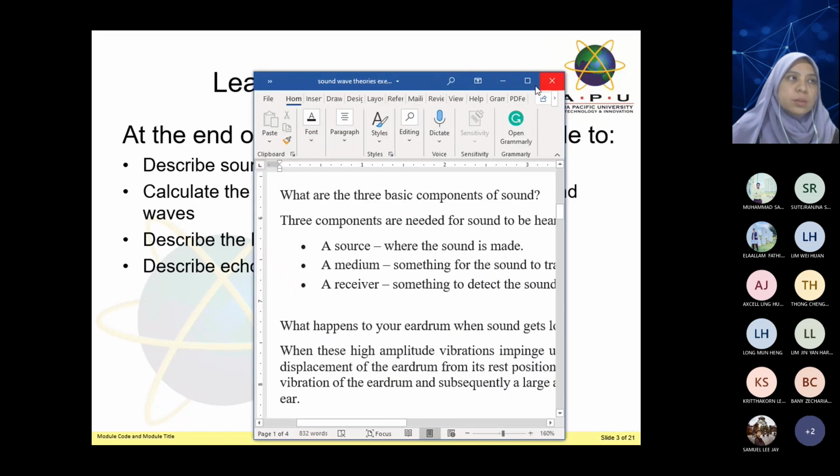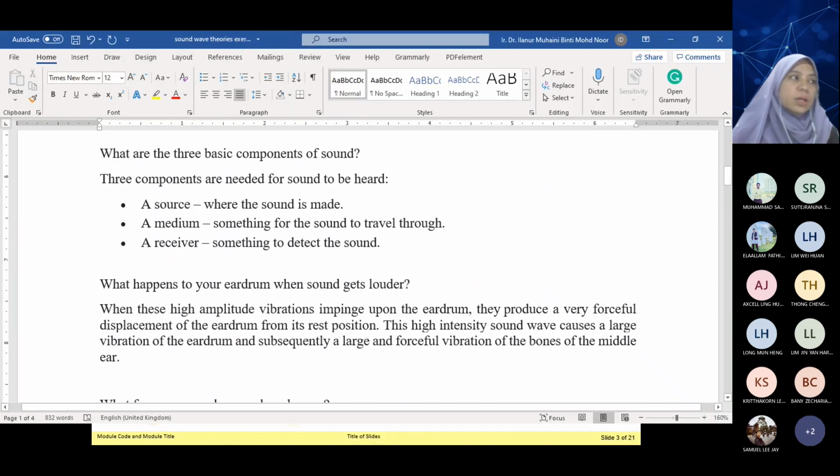Okay, next. What are the three basic components of sound? Three components are needed for sound to be heard. Number one is the source, where the sound is made. Is it made in the kitchen? Is it made in one of the rooms?